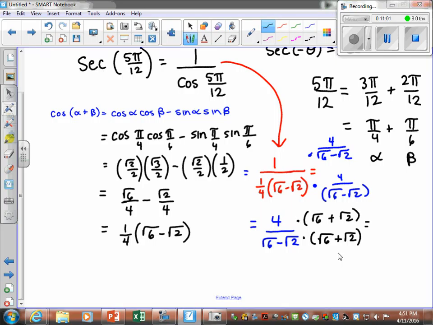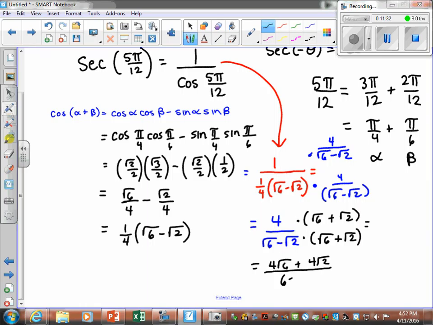If we simplify that out, that's going to give us 4 times the square root of 6 is 4 square root of 6 plus 4 times the square root of 2 is 4 square root of 2. And the denominator will get square root of 6 times the square root of 6, which is just 6. We know the inside terms give us square root of 12 minus the square root of 12, so they'll cancel out, and then I'll just have minus 2.